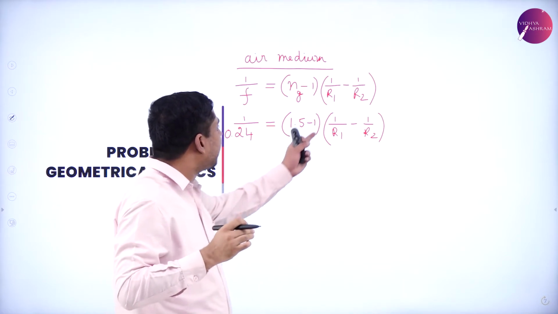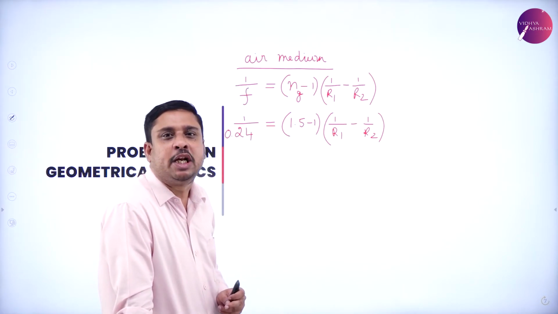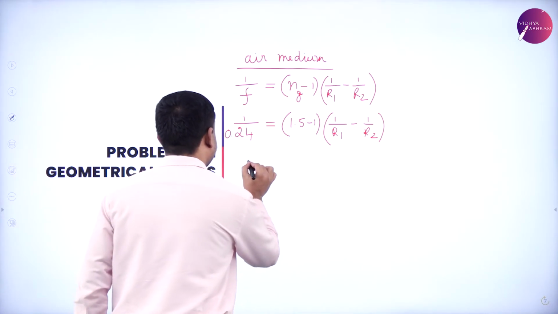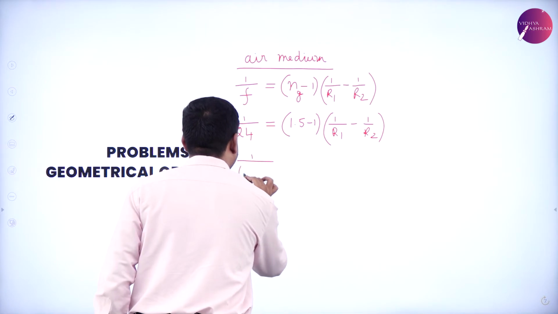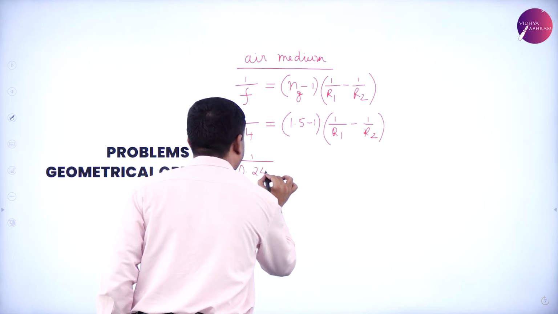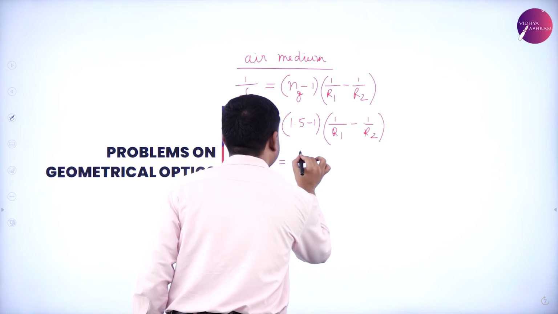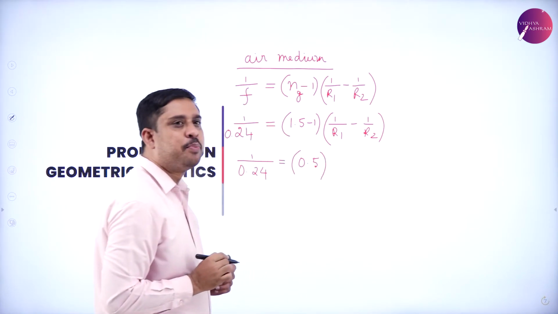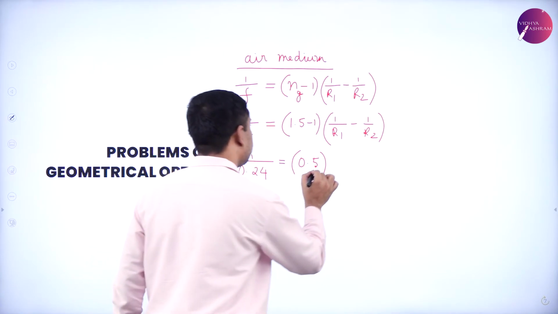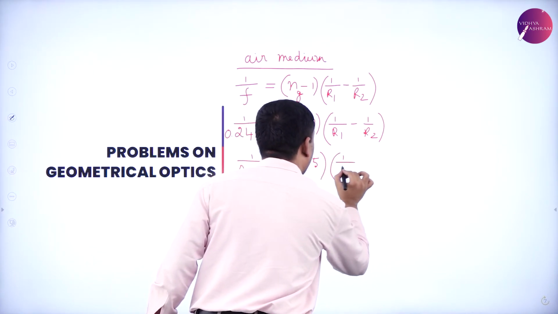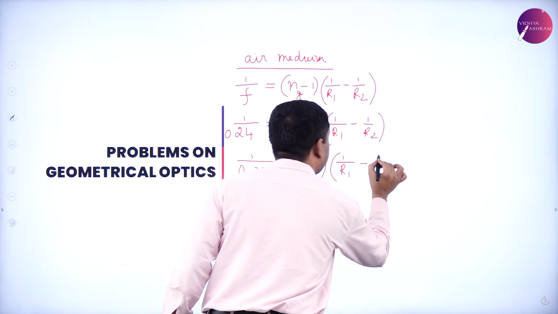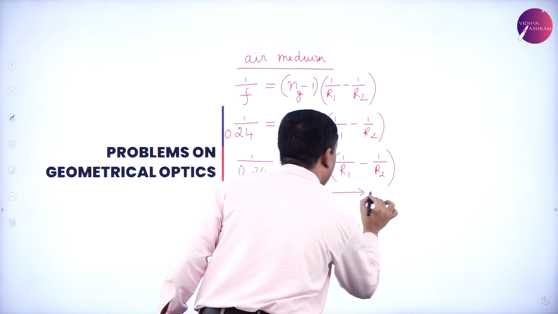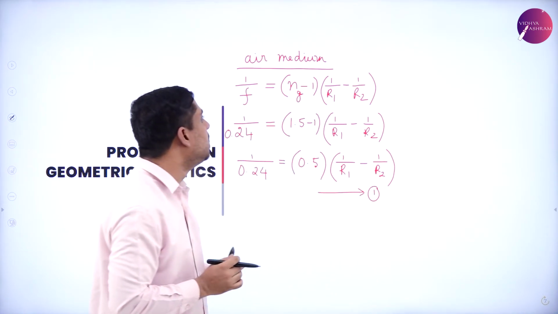On simplification, I don't know the values of r1 and r2. I call this equation 1.